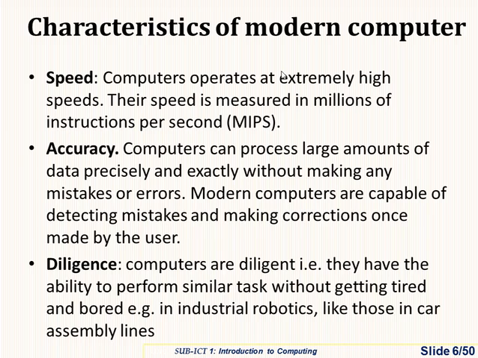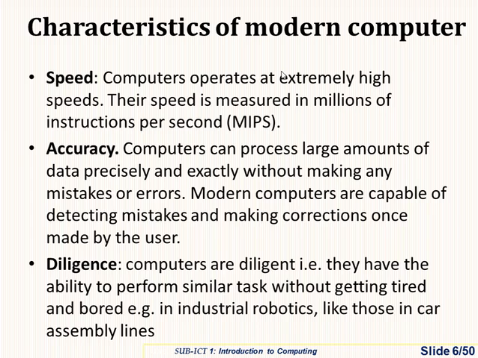Then 3, diligence. Computers are diligent. That is to say, they have the ability to perform similar tasks without getting tired and bored. For example, when you go to industrial robotics, like those in car assembly lines, you will find that robots are used for assembling those parts.